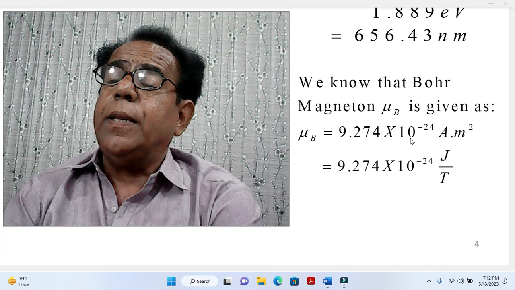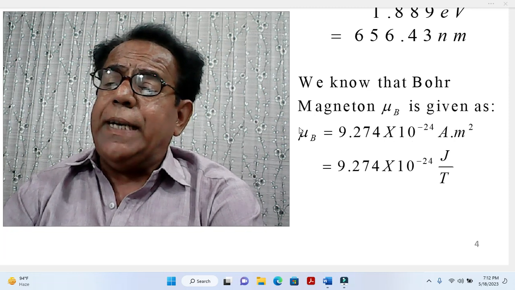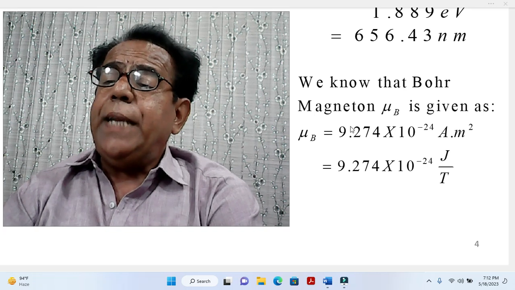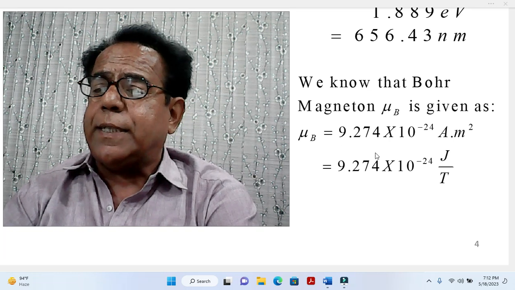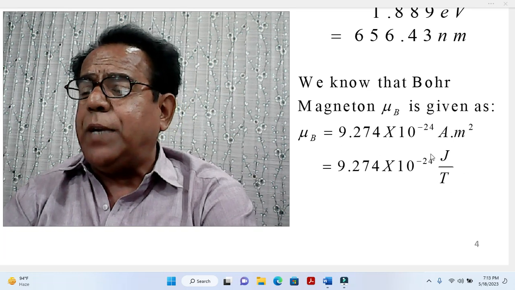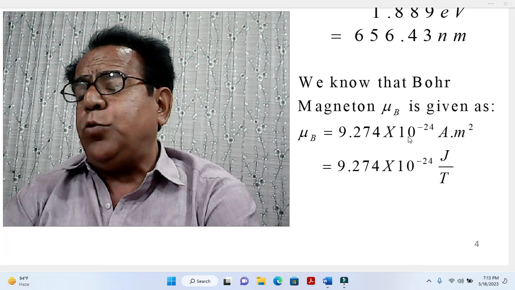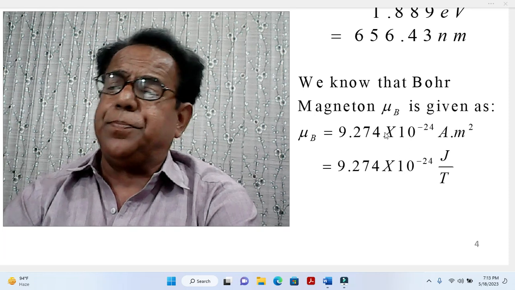Dear students, when we defined this term in our helping tool, we had expressed this value in two equivalent expressions. It is our discretion whether we use this or we use this. Both are equivalent.